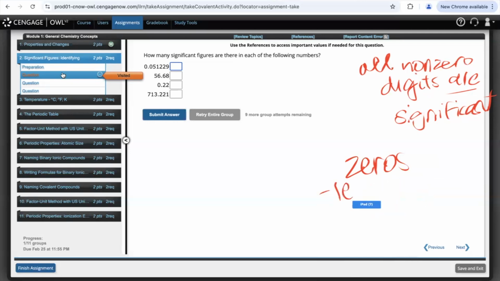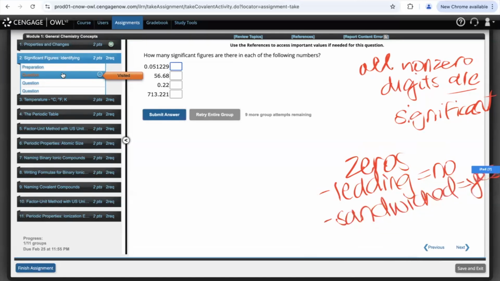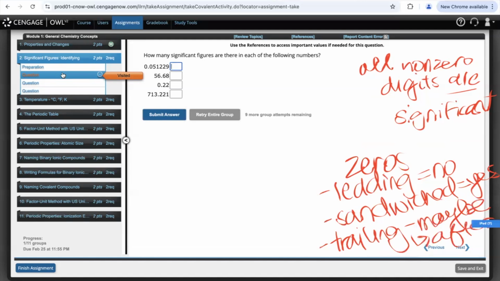Leading zeros never count. Sandwich zeros between 2 non-zero digits always count. And then trailing zeros are a maybe. They count if they're after a decimal and a non-zero digit.